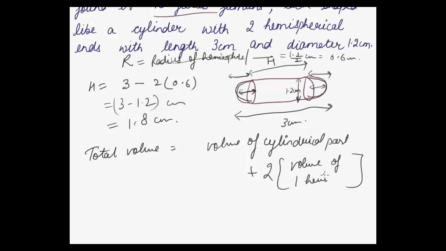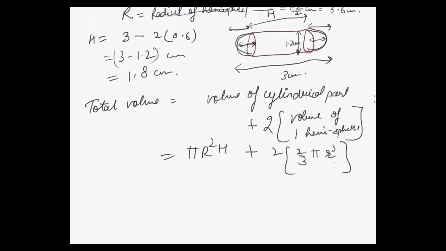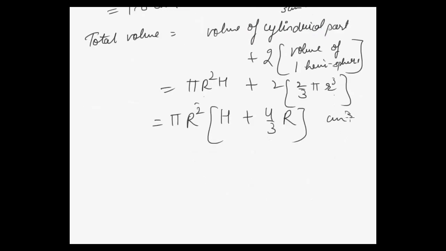Now we know that volume of cylinder is given by pi r square h, whereas volume of hemisphere is given by 2 by 3 pi r cube. Here both capital R and small r are same, because both of these radii are having same values. So taking pi common and r square also common, we have h plus 4 by 3 r as this value inside the brackets in centimeters cube.